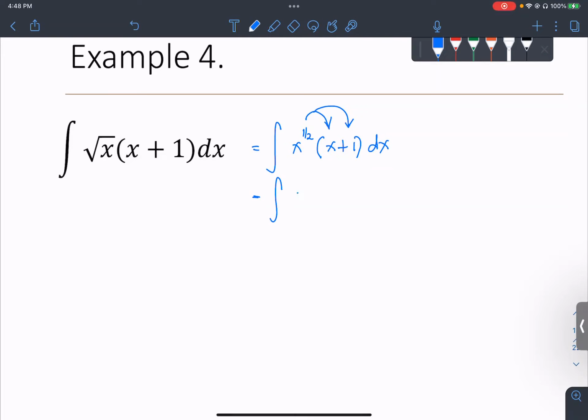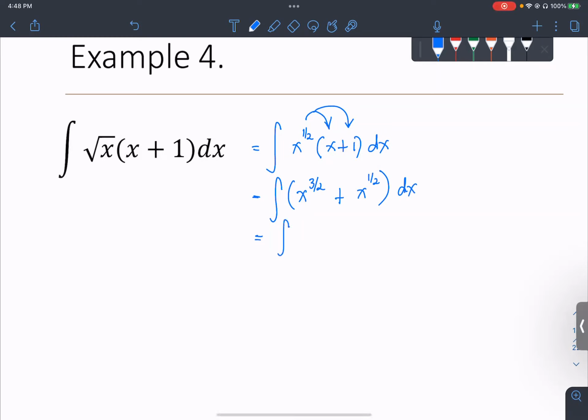X raised to 3/2. Okay, so 3/2. Kasi 1/2 plus 1 is 1.5. 1.5 is 3/2. Okay, so x raised to 3/2. Then plus x raised to 1/2 times 1, it's still x raised to 1/2. And multiply it with dx.